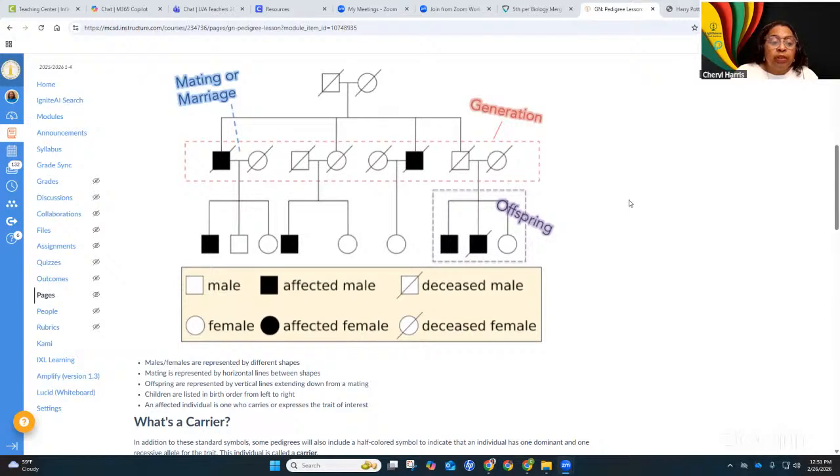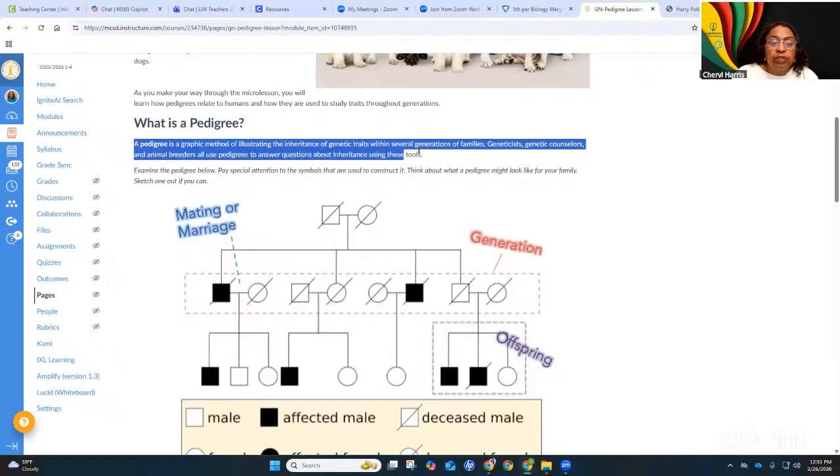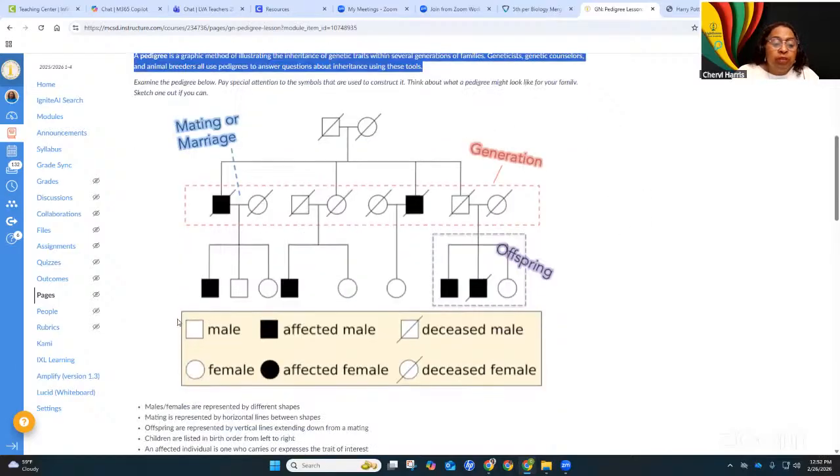All right. So again, the pedigree is a chart. It's a graph. It illustrates genetic inheritance and generation, so the trait being passed on from one generation to the next. They gave you the rules that males are always a square, females are always a circle.